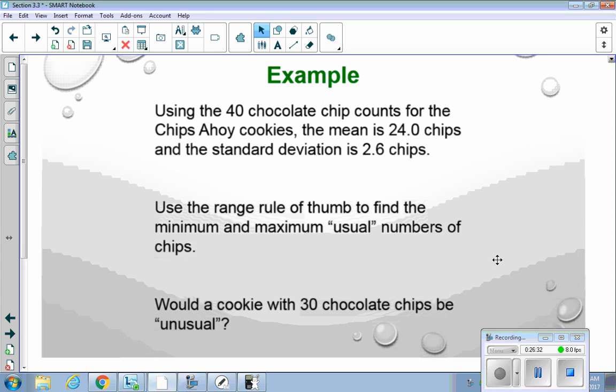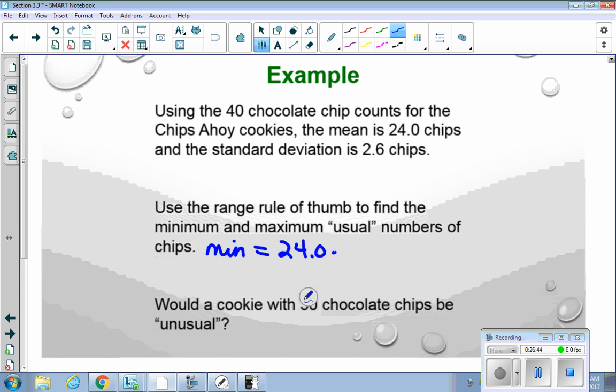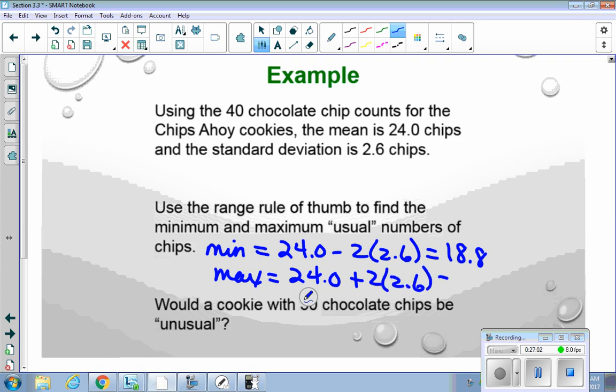Okay, let's see how we did. To find the minimum, I'm going to take the mean, 24.0, and subtract 2 times the standard deviation of 2.6, and what do we find? And to find the maximum, we're going to take the mean and add 2 times the standard deviation, 29.2.